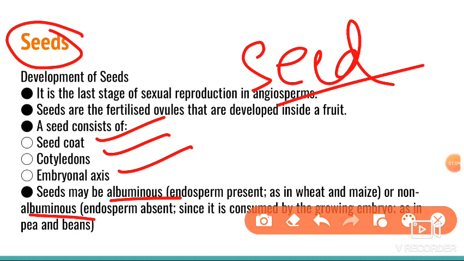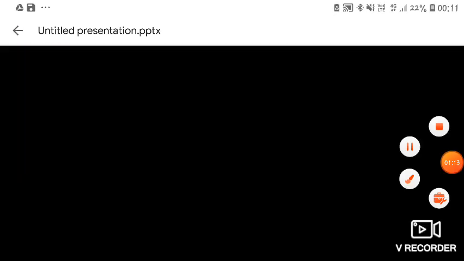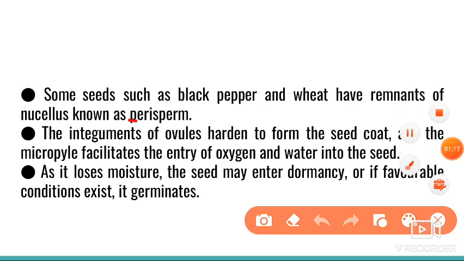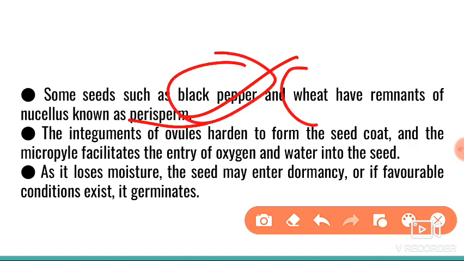Along with this we studied about the perisperm. This definition is very important, please remember. Two examples they gave, that is black pepper and wheat. Some amount of nucellus persists, or some remnants of nucellus are present in the seeds.